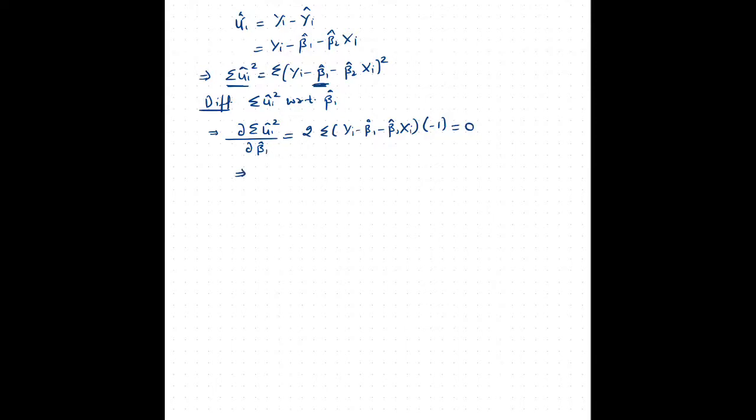So this implies summation yi minus beta 1 hat minus beta 2 hat xi is equal to 0.